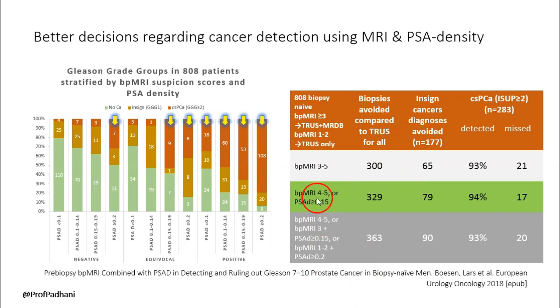However, if you adopted the strategy, which is what I've just said, a negative MRI with a PSA threshold of 0.2, an equivocal MRI with a threshold of 0.15, you can see more biopsies are avoided and there are fewer insignificant cancers that are diagnosed. However, the ability to detect clinically significant disease that's in the population is not impaired.